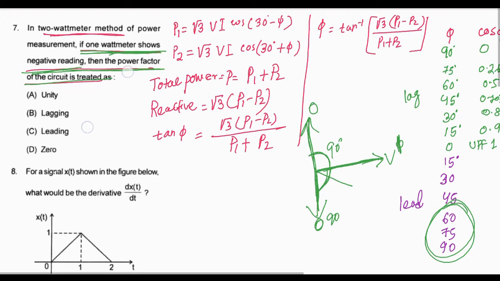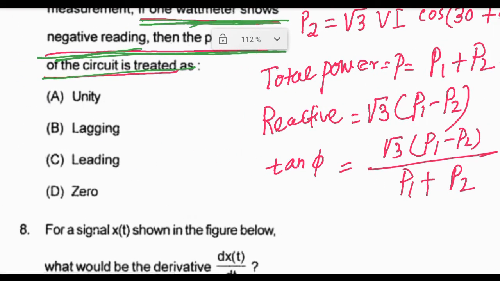So here given that unity, this is not the answer, never will be this answer, and lagging leading, in both cases this happens, the power factor below 0.5 and power factor angle above 60 degree. So we will choose here the answer 0.